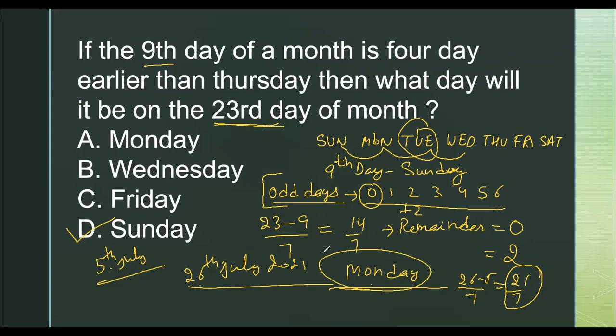Let's take another example. 26 के बाद I am saying that कि 9th July को कौन सा day? तो बड़ी जल्दी आप कर सकते हो इस टाइप के क्वेश्चंस को. क्या करोगे? फटाफट जल्दी से 26 minus 9 divided by 7. 26 minus 9, that is 17. तो इसको डिवाइड करोगे तो रिमाइंडर आएगा 3, राइट? 26 को मंडे है, तो अब 3, क्योंकि हम बैक डेट में जा रहे हैं तो 3 माइनस करेंगे, राइट? तो मंडे से पीछे जाएंगे, 1, 2, 3. तो अब चेक कर लीजिए 9th जुलाई को क्या डेट इन योर कैलेंडर्स.